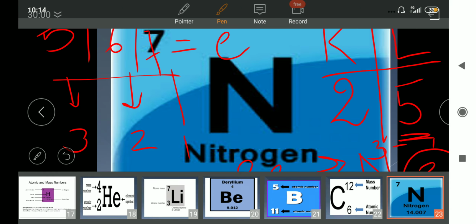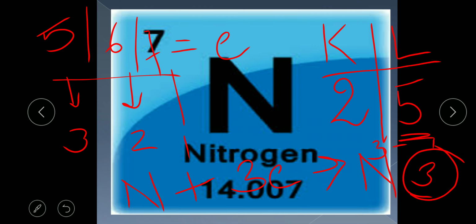So what is its valency? Its valency is 3. Okay, whether it will form a cation or anion. When an atom gets a negative charge due to the gain of electrons, then it is known as an anion. When it gives electrons, then it is known as a cation. So in this case of nitrogen, it will gain 3 electrons.